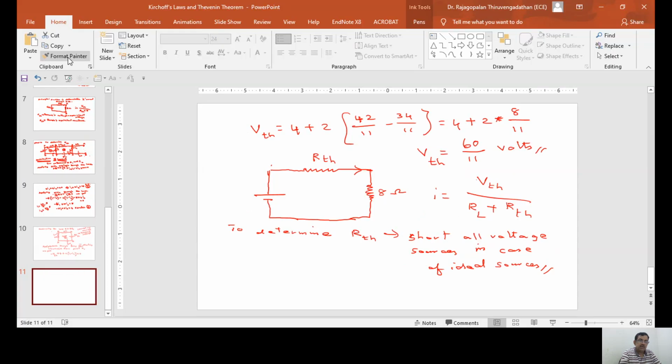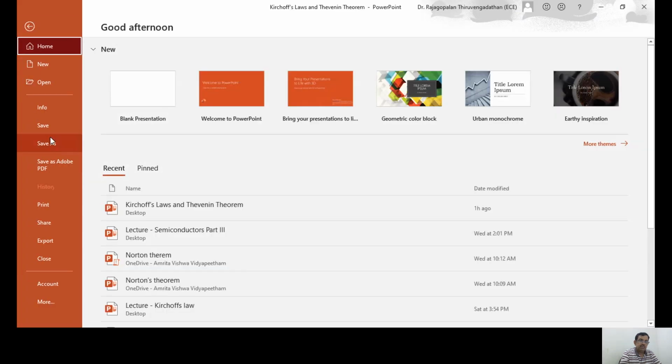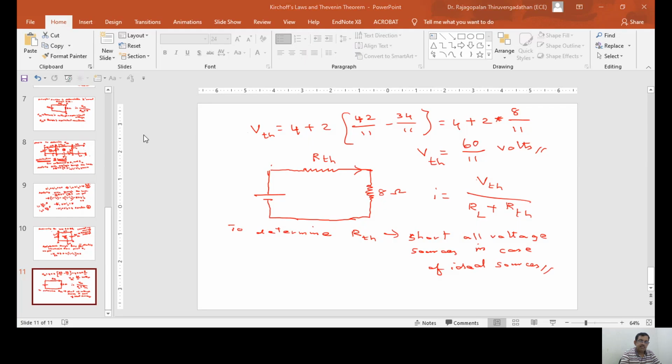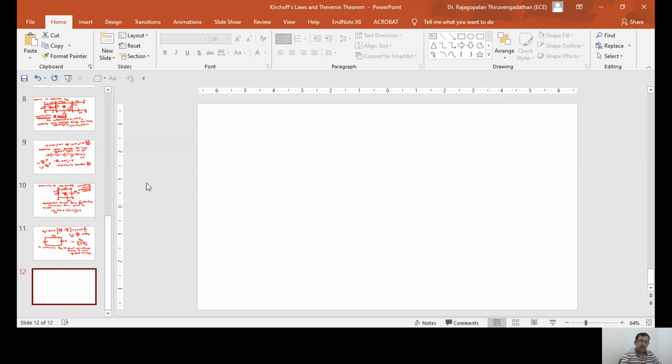We'll finish it in 5 minutes. Giving rise to a circuit like this. I have shorted the first voltage source, and I will have the resistor here.